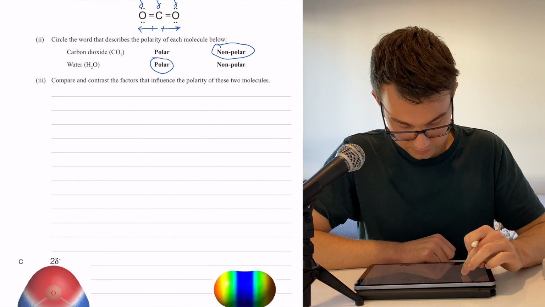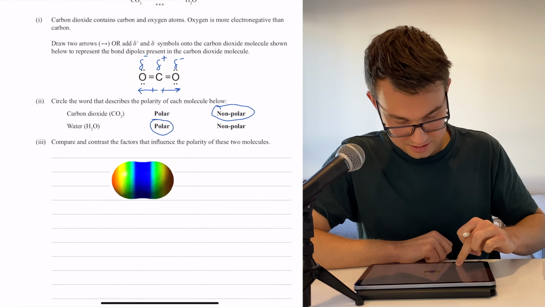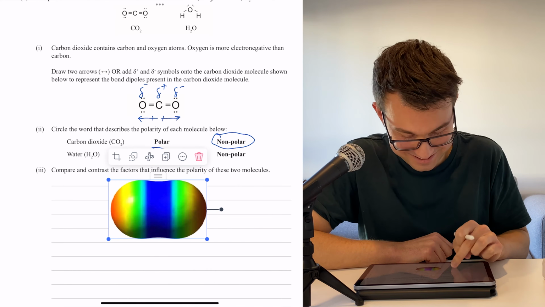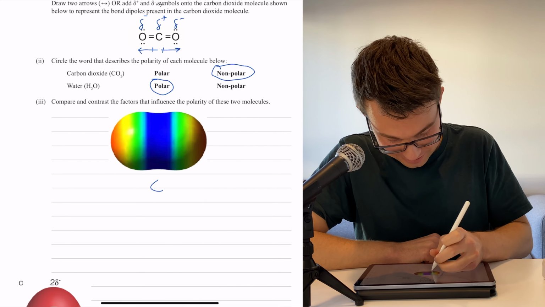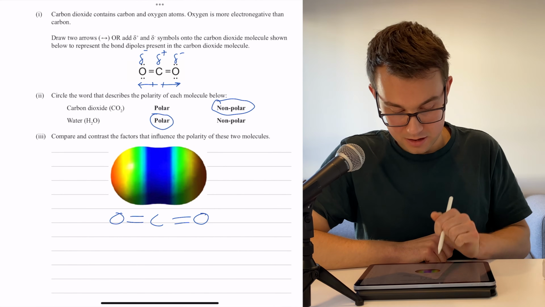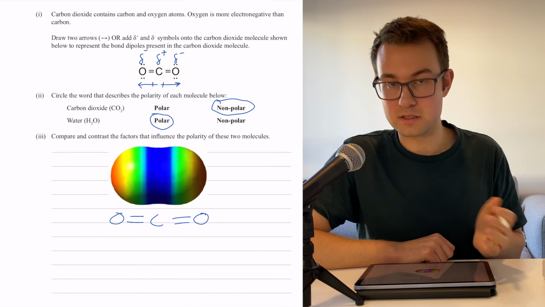Perfect. Oh, I got a little diagram. Diagram time. Okay, this just looks like a colorful bean. This is apparently carbon dioxide. The red is more electronegative, more negative, and the blue is more positive.